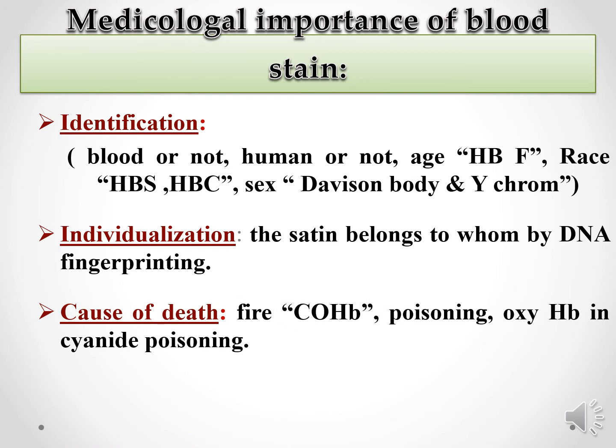Identification: identification of whether it is blood or not, human or not; identification of age, as hemoglobin F is present in the fetus; race, as hemoglobin S is present in Negroes; sex, as presence of Davidson body and Y chromosome.